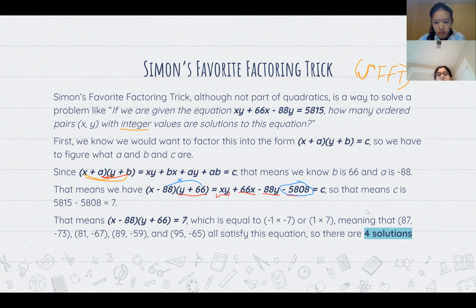This is because x minus 88 could equal negative 1 and y plus 66 can equal negative 7 in negative 1 times negative 7. Remember, we don't say positive integers. And x minus 88 can equal 1 and y plus 66 can equal 7 in 1 times 7. So wait, did we lose you at how we got from here to here?